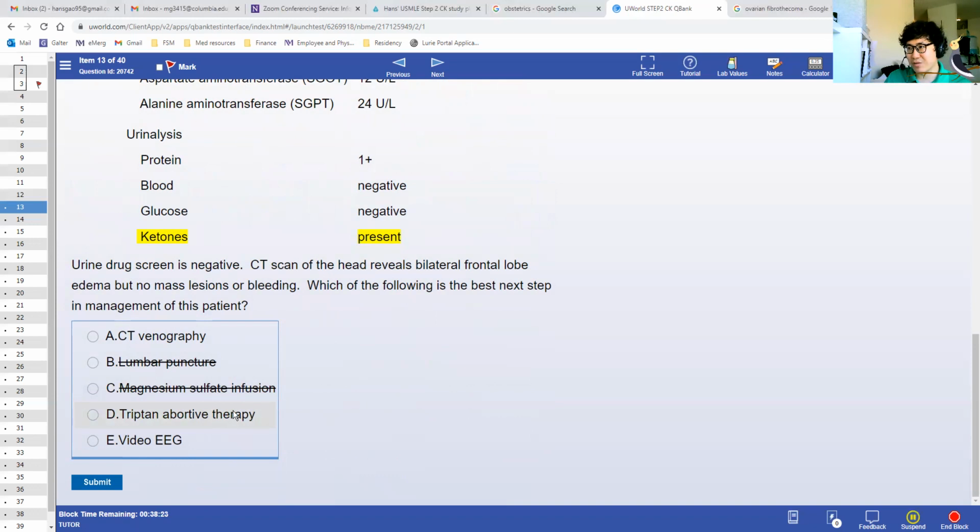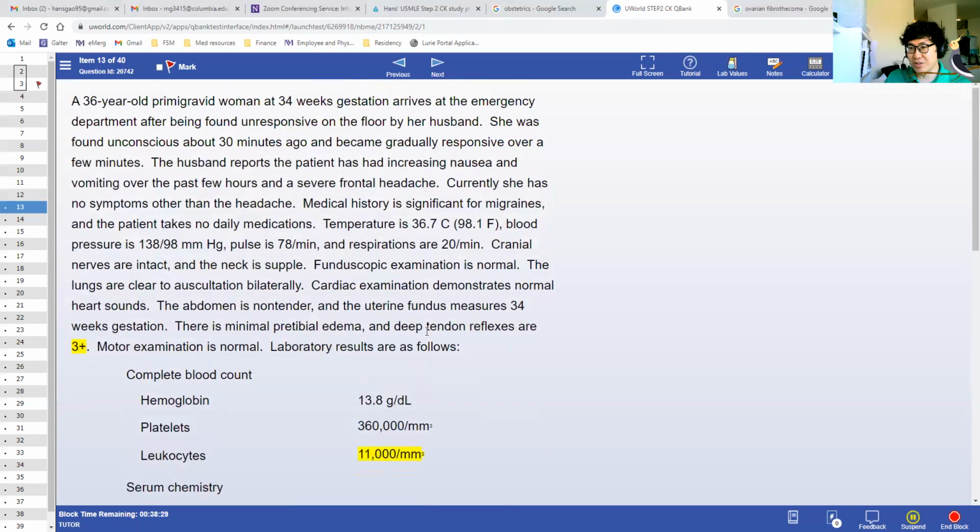Triptan abortive therapy, that's for migraines. This doesn't sound like a migraine to me. She passed out for crying out loud. Video EEG, no, she doesn't have a history of seizures, and it doesn't really sound like a seizure. She was found unconscious 30 minutes ago, gradually became responsive.